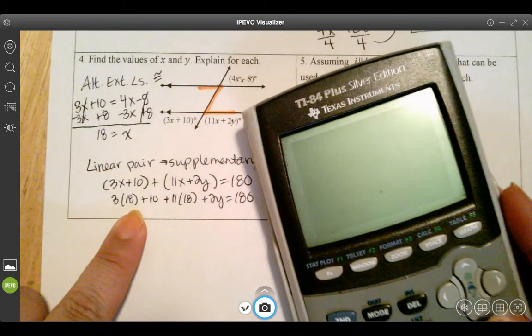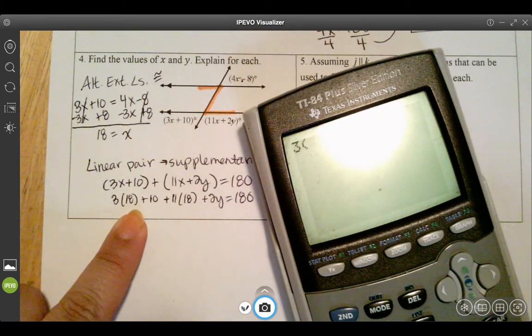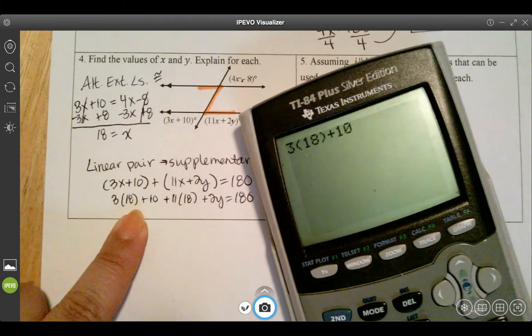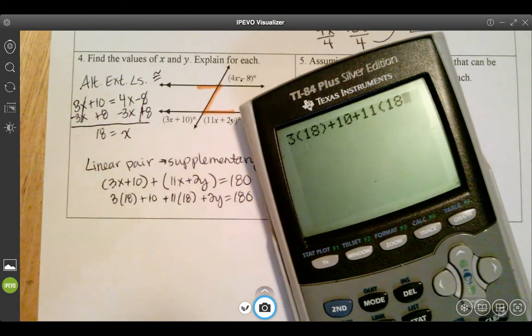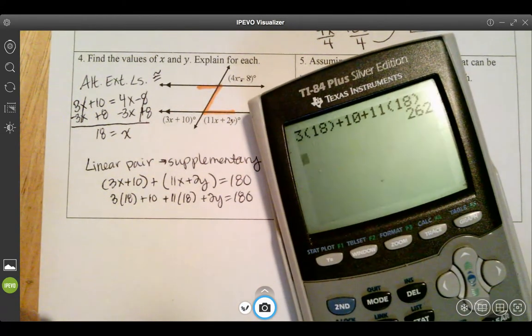So we have 3 times 18 plus 10 plus 11 times 18. Enter, 262.